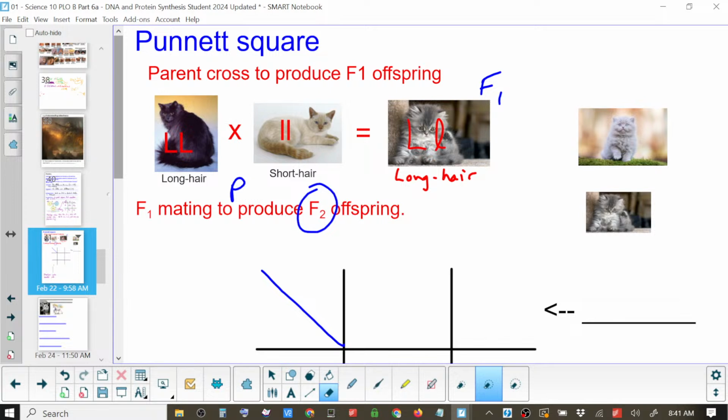What's the phenotype of this one? And then 25 to 50 to 25. No, no, what's the phenotype? Does that make sense? Long hairs. Which one's dominant? So what would this one be? Right. There you go. One, two. There you go.